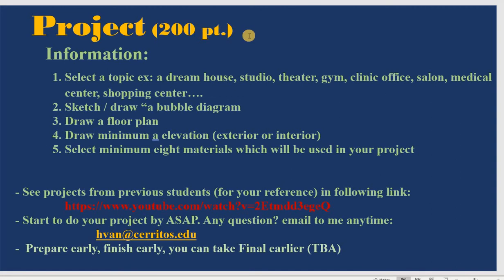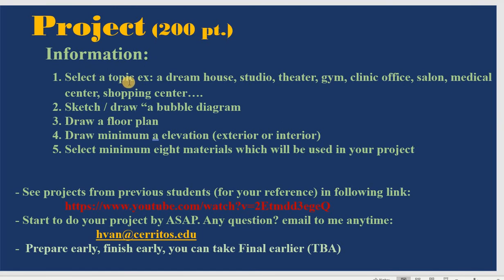Now about the 200-point project, I have information right here. I have some examples from students, so you can go to this link and see the previous student projects from last semester, as a reference before you start the project. The main thing is that the project has 5 steps.